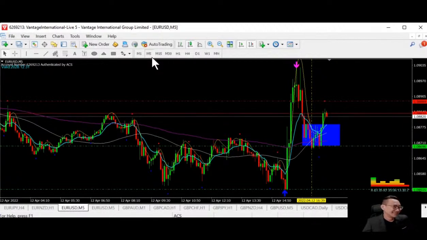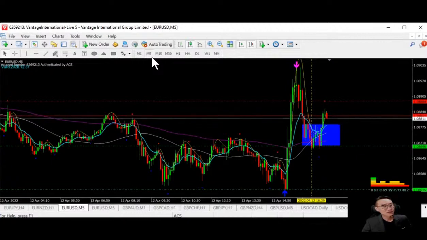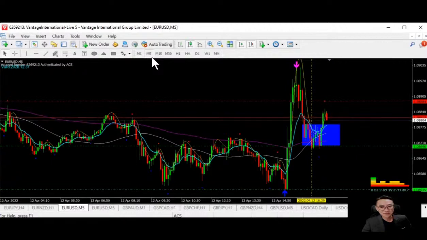So now we are moving into a situation where a new resistance is building up. The very good thing over here is that the red candle is opening below the RML line.